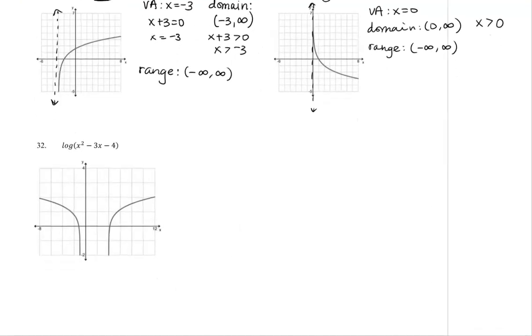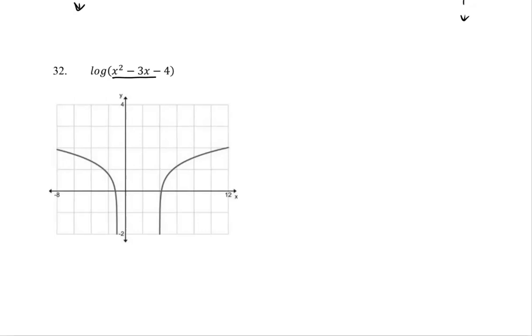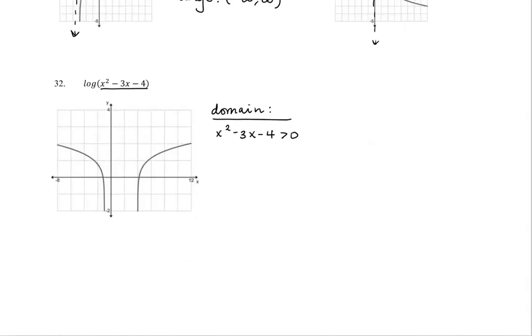In example 32, we now have a quadratic on the inside of the logarithm. In order to find the domain of this, we want to make sure that what's on the inside of the logarithm is greater than 0. So we're looking for where this quadratic is positive. If we were looking for the vertical asymptotes, we'd be looking for where this quadratic is equal to 0.